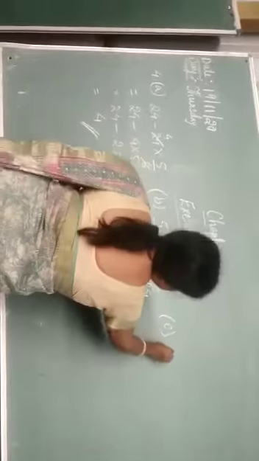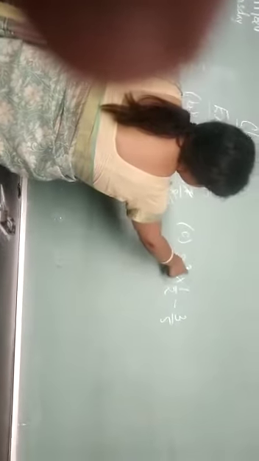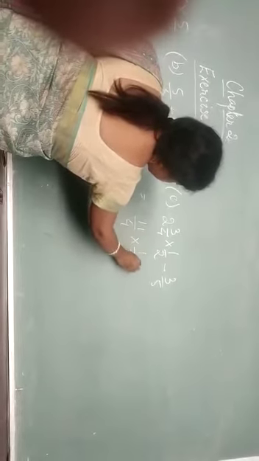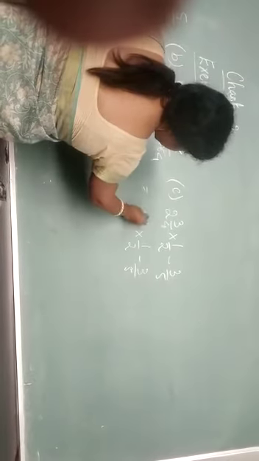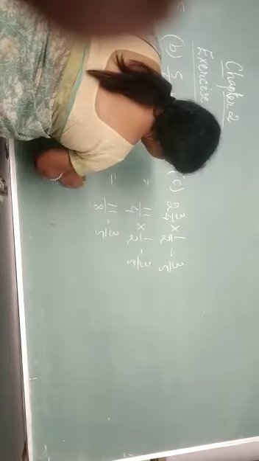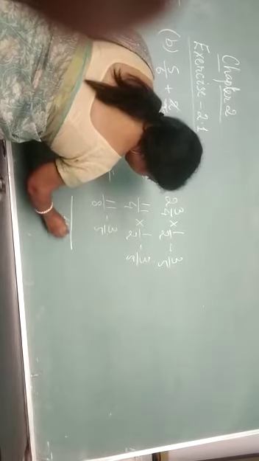Next we come to number C. Number C is 2 3 by 4 into 1 by 2 minus 3 by 5. So it's a mixed fraction. We have to bring it into regular fraction first. 4 2s are 8, 9, 10, 11. 11 by 4 into 1 by 2 minus 3 by 5. Can we further simplify? No, we cannot. So 11 1s are 11 and 4 2s are 8 minus 3 by 5. So when we do the LCM, 8 5s are 40.